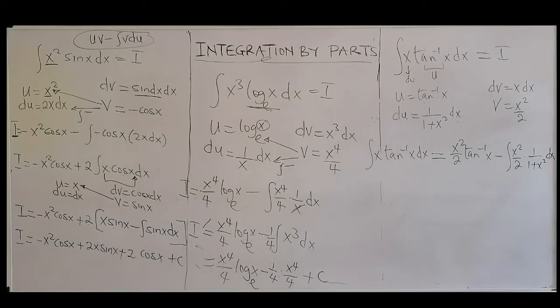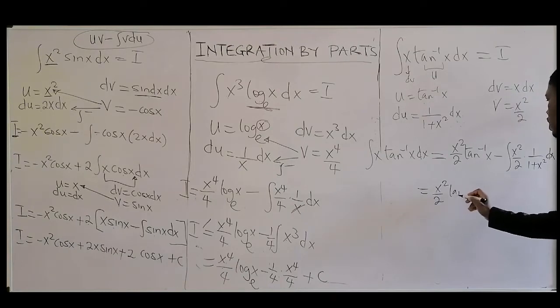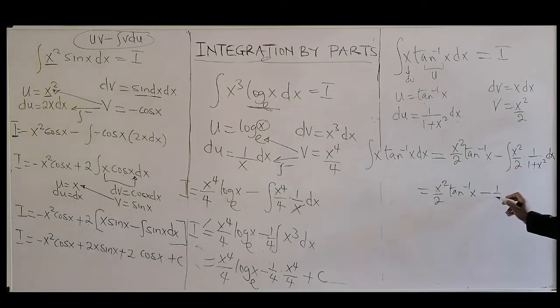So that will give us x^2 over 2 arctan x minus, this half can go outside, then we have x^2 over 1 plus x squared dx.